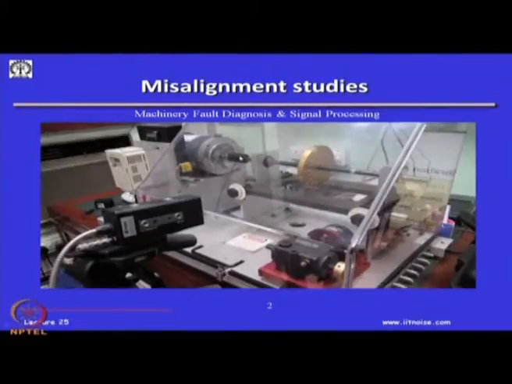To introduce misalignment, we have these dials here which could be turned around, and this system could be loosened, so that we can push both of them away and create an offset misalignment, or if I just push one of them by holding one constant, then I can create an angular misalignment.